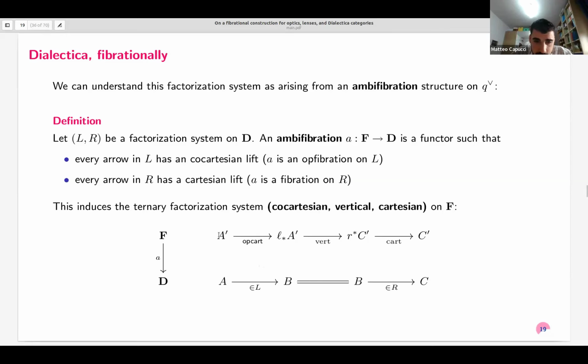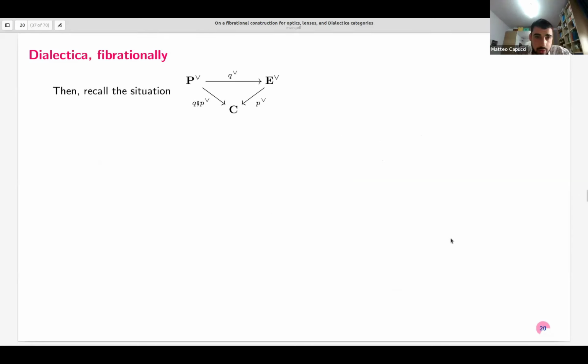If you give me an A prime and a C prime, I can pull back the C prime along the R map, and I can push forward the A prime along the L map, and then a map in F will be formed by one of these co-Cartesian lifts, followed by a vertical map, and followed by a Cartesian lift. So here we have the ternary factorization system, which is directly linked to that of an ambifibration.